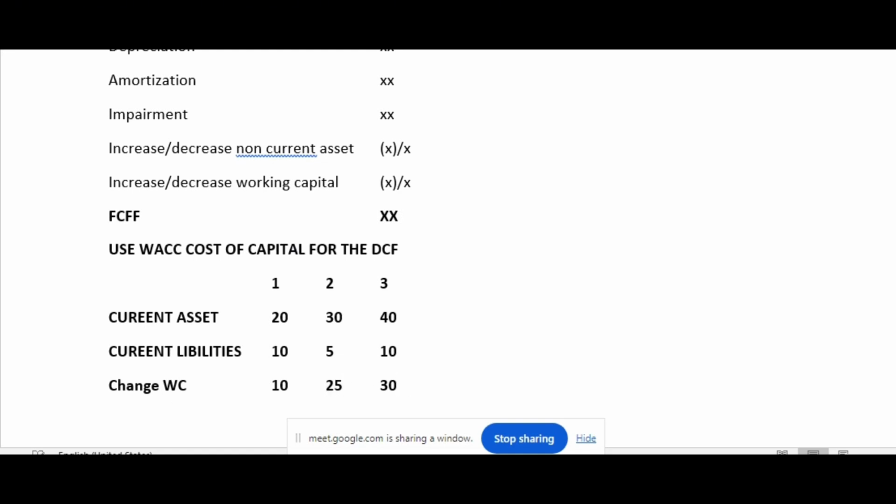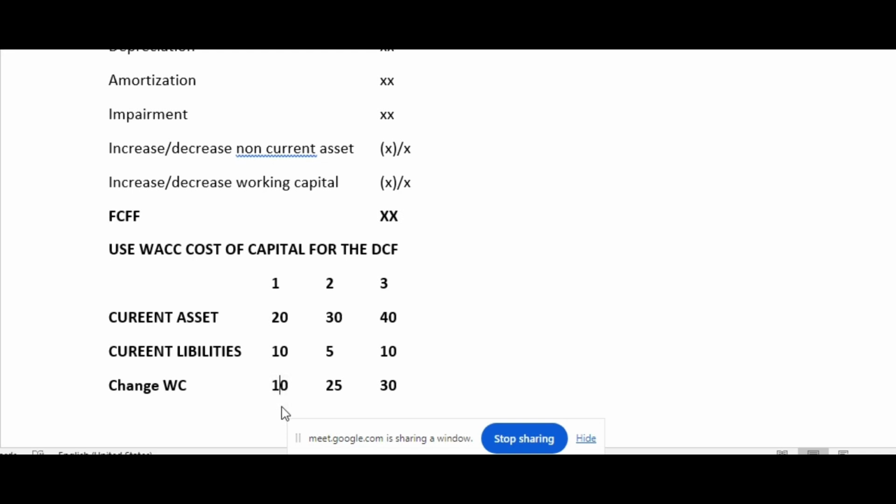So you want to know if there is an increase or decrease in working capital. Don't forget that year 1 will be 0 because it is usually the last year. Let's say you are preparing free cash flow for 3 years. You are in 2024, right? You prepare for 2025, 2026, and 2027. The 2024 that we are in now, you minus it from 2025, which is this.